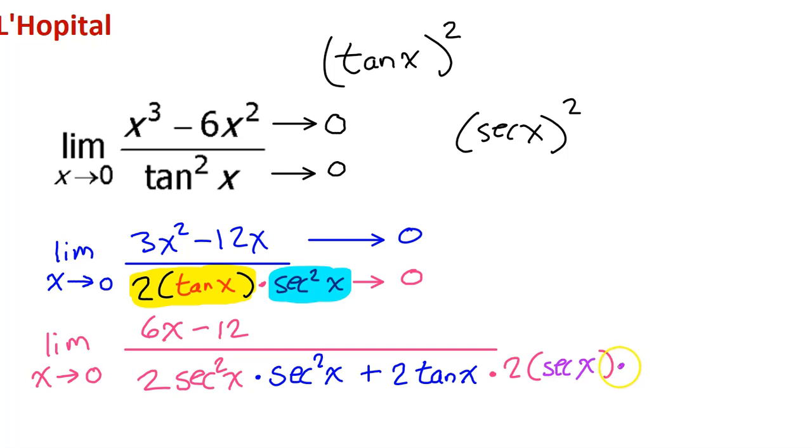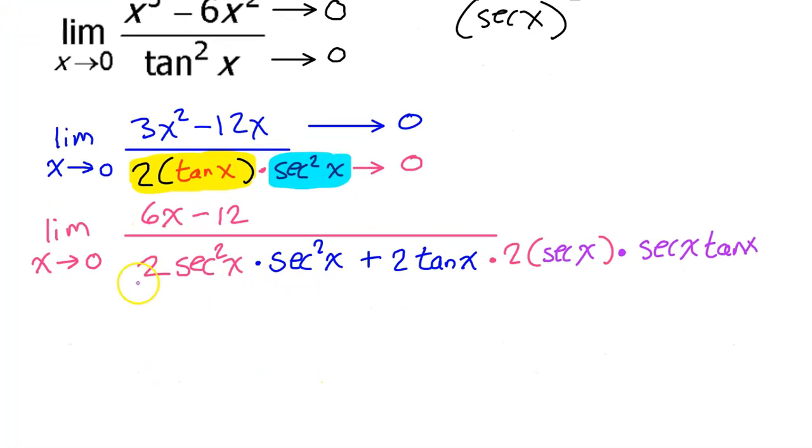The chain rule demands that we now multiply by the derivative of this inner function. Memorized rule, the derivative of secant x is secant x tangent x. So that is the derivative of the denominator. Let's see about that direct substitution.